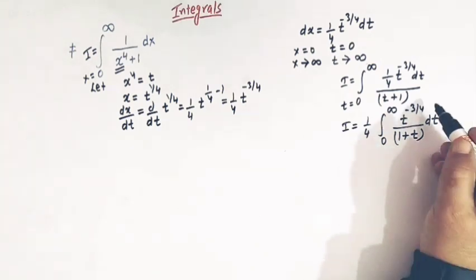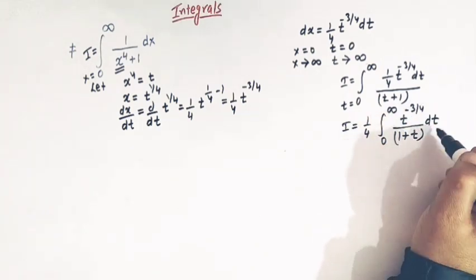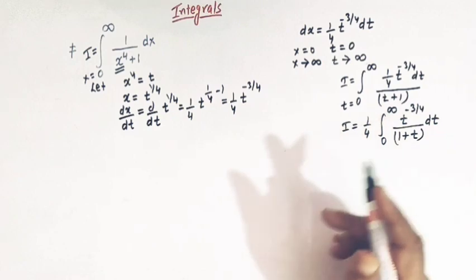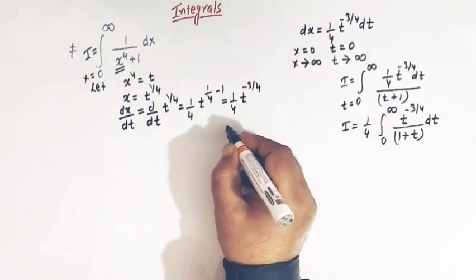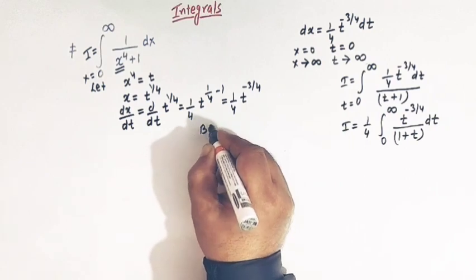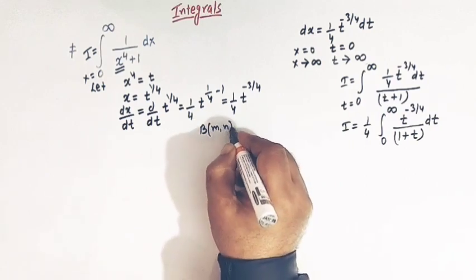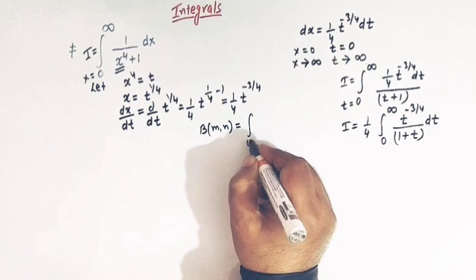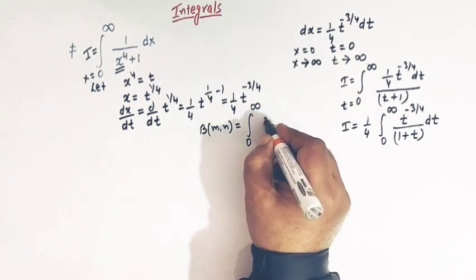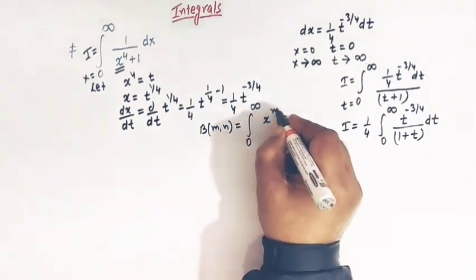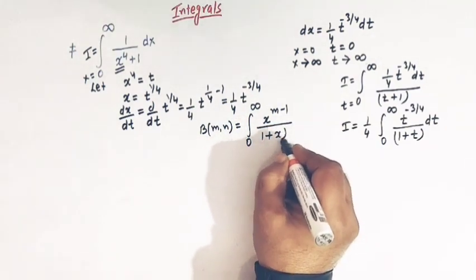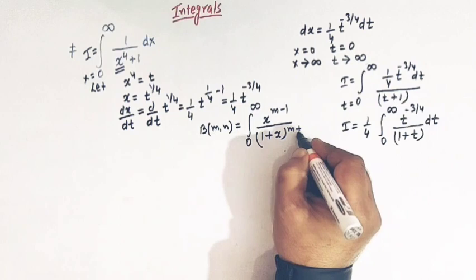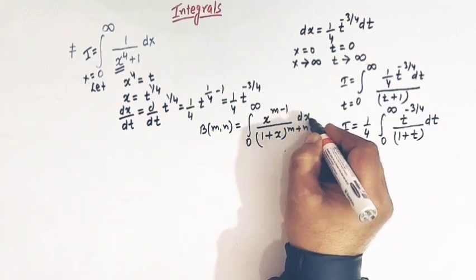Okay, now see, here we have this integral. Now let us revisit the definition of beta function in terms of integral. So beta mn is defined by this integral, that is 0 to infinity x raised to m minus 1 divided by 1 plus x raised to m plus n dx, right?